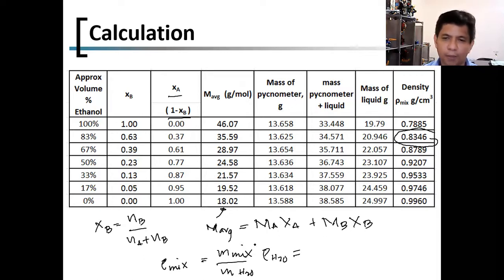The mass of the mixture is this one, 20.946. The mass of water is this one, because this is 0% alcohol, so this is 100% water: 24.997. And then you multiply that by the density of water. We're going to use this density, 0.996.